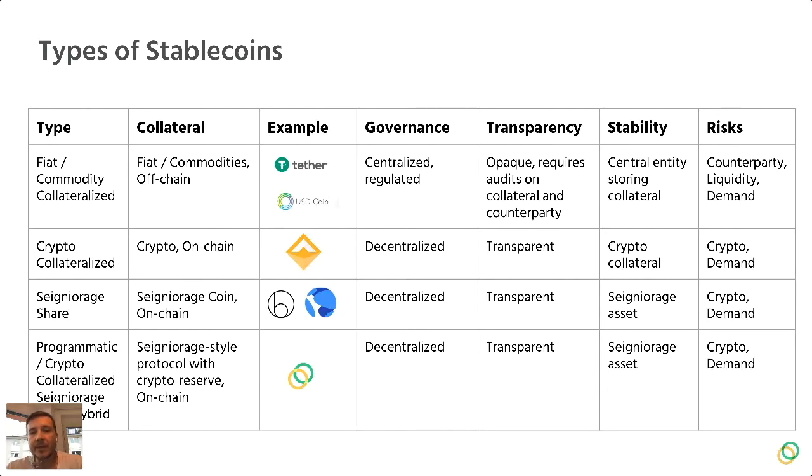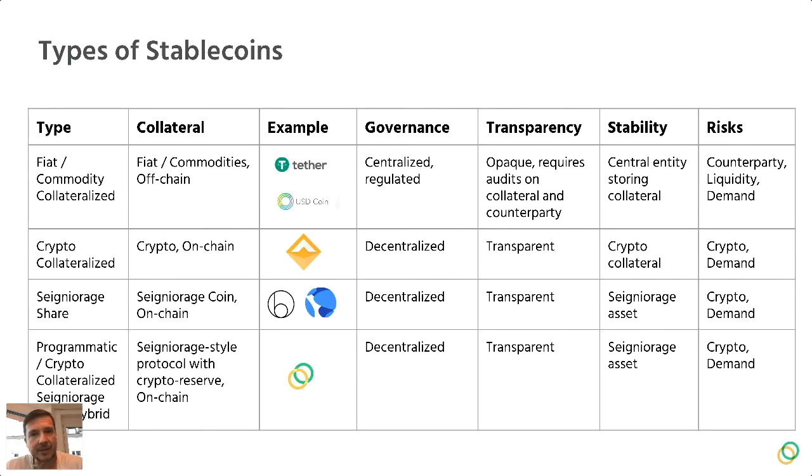The first category here, fiat or commodity collateralized stablecoins: we talked about that here governance is more centralized and that audits are required on the collateral itself, since with a fiat-backed stablecoin, typically the collateral sits with some bank.